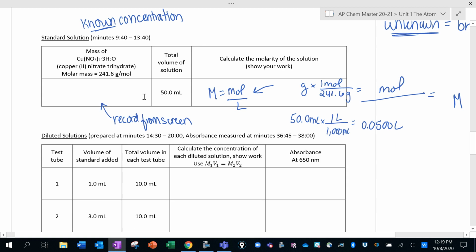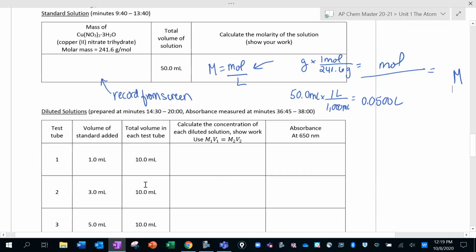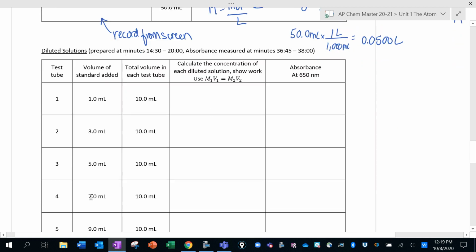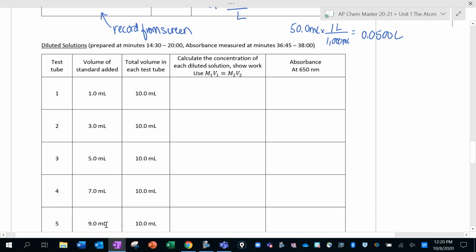Then what we do is we take this known solution and we dilute it down. We're actually going to end up with 5 solutions with known concentrations, and we want to do this so that we can make a nice graph out of it. The way that we do a dilution calculation is to use M1V1 equals M2V2.